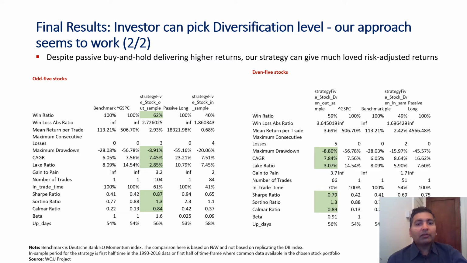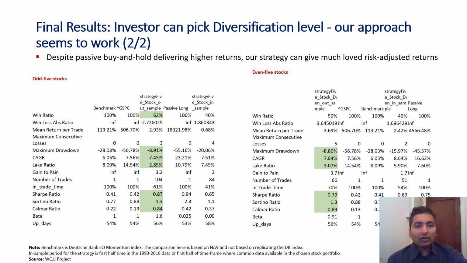In the out of sample, and when I say out of sample, I basically split the sample for each portfolio setup into half the time period as in sample, and the second half of this time period as out of sample, and we see that the Sharpe ratio, Sortino ratio, Calmar ratio are all better compared to the rest of the portfolio constructions. We also see that the win ratio is pretty handy, which is about 60%.